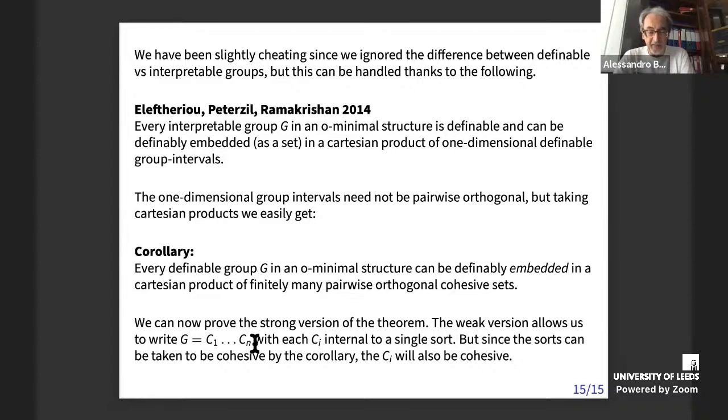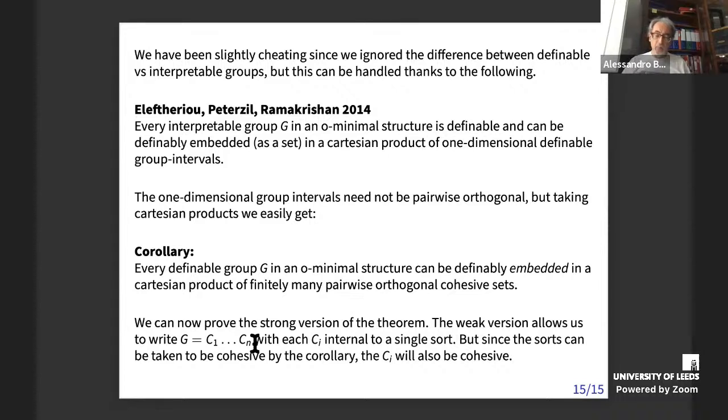There is no reason in general why a group in some arbitrary structure has finite dimensionality. It could live in infinitely many different sorts. You can take just infinite direct products in a suitable structure. It's not entirely trivial to cook up an actual example, but there is absolutely no reason this is true.